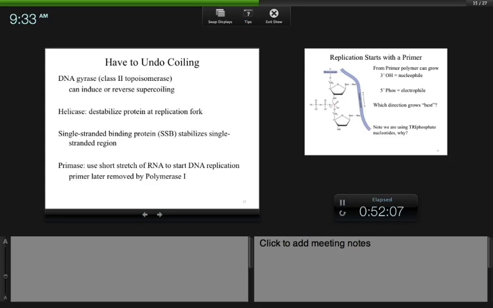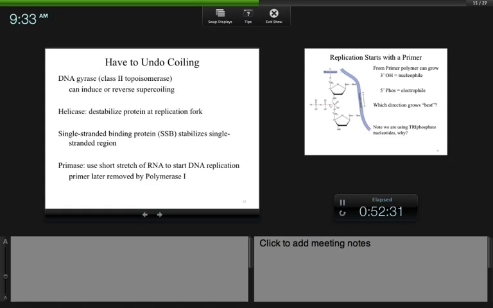Well, there's also the strain. When you open up, it'll put a strain on the DNA. As you unravel it, what's going to happen to the coil? You're going to start inducing supercoiling on the other end. How can you minimize that supercoiling? Your DNA gyrase is going to do that for you.